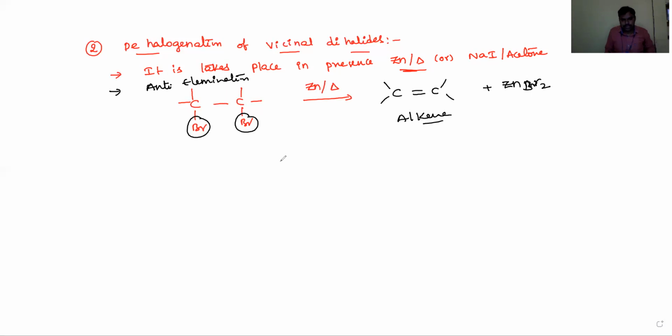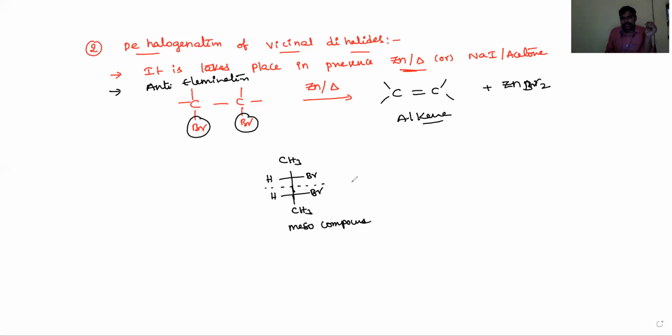You have to remember this, very important. Here you can take a phenyl group in place of CH3 also, no problem, then hydrogen atom. Meso compound means the compound can be divided into two equal parts. Such compounds are called meso compounds.